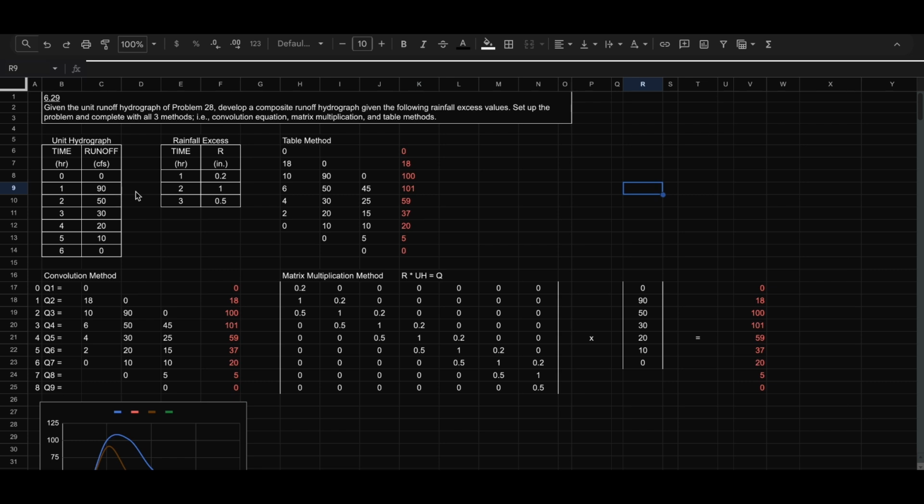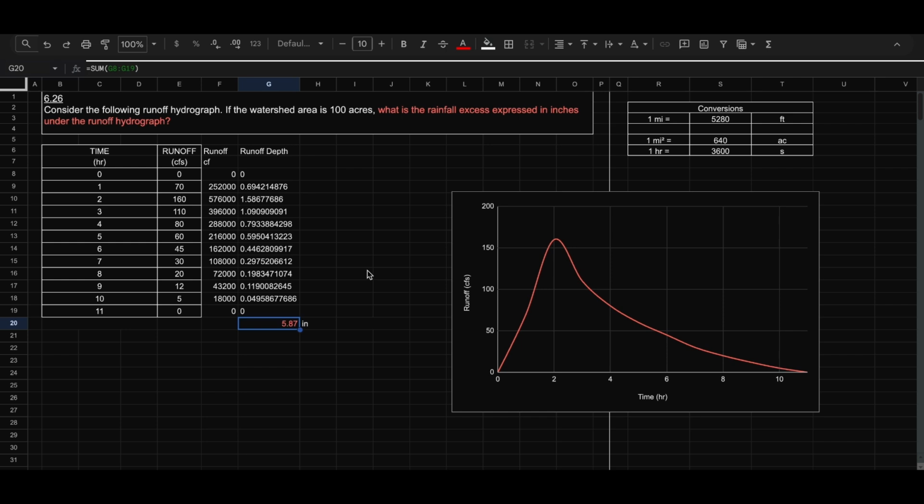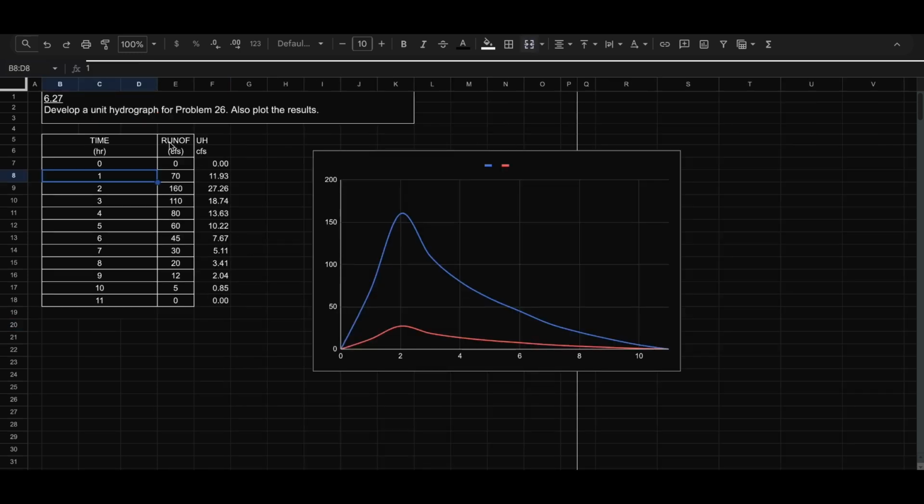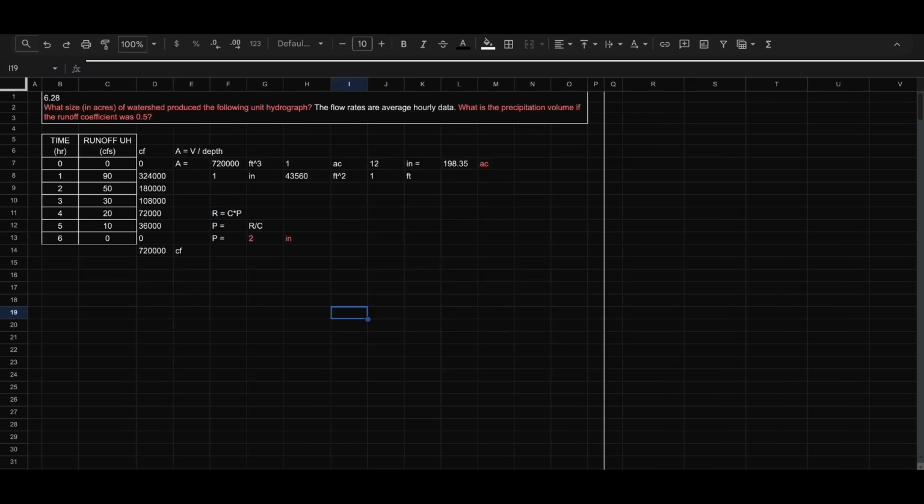It's just a relationship of the runoff flow values of a normal hydrograph, but in our case for a unit hydrograph, instead of a runoff volume of 5.87 inches, we just divide all those flows by 5.87, so we get 1 inch as the volume underneath the curve. So that's it conceptually. Hopefully these exercises help you understand these new concepts a little better.